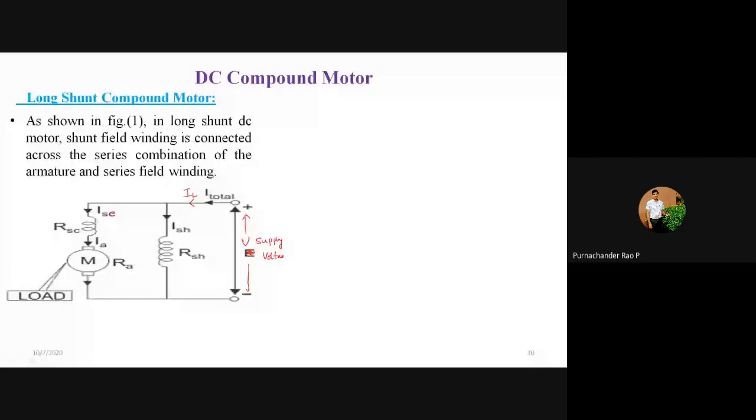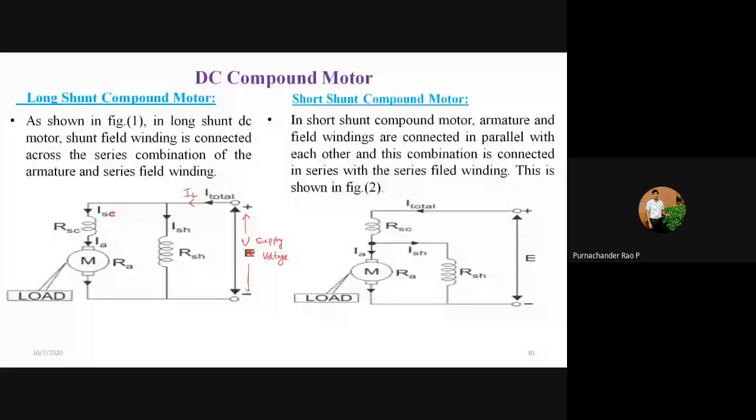Now coming to the short shunt compound motor. Here also the circuit consists of both series field winding and shunt field winding, but the shunt field winding is connected across only the armature circuit.